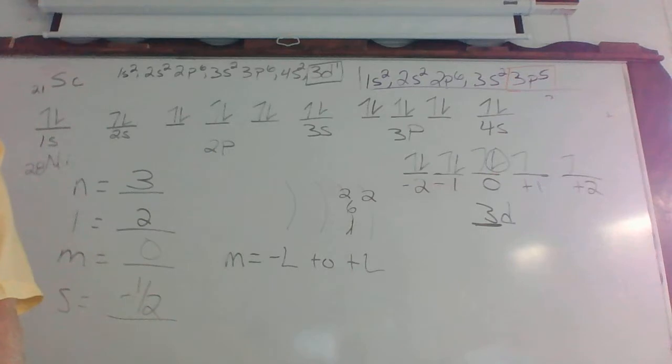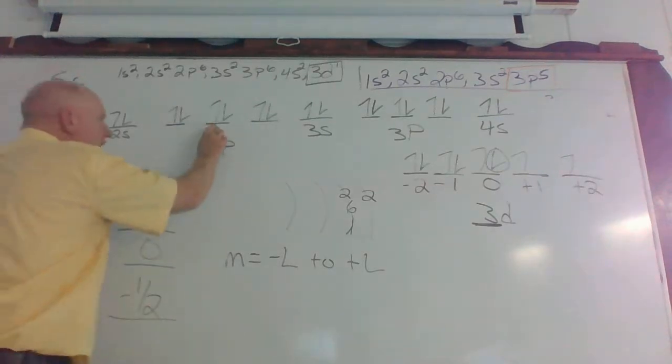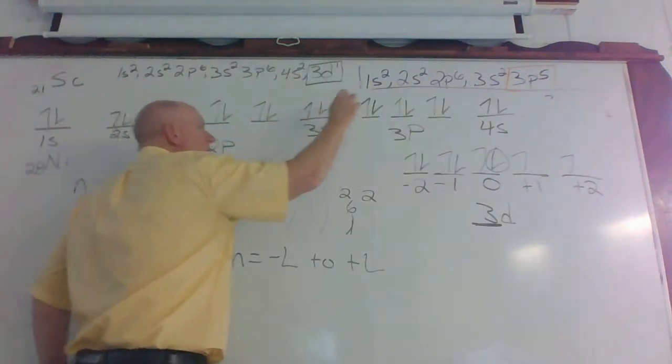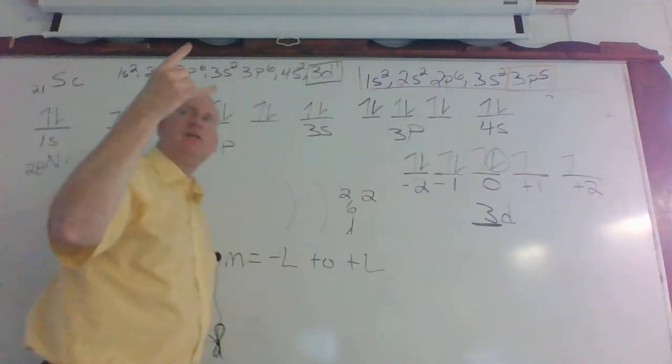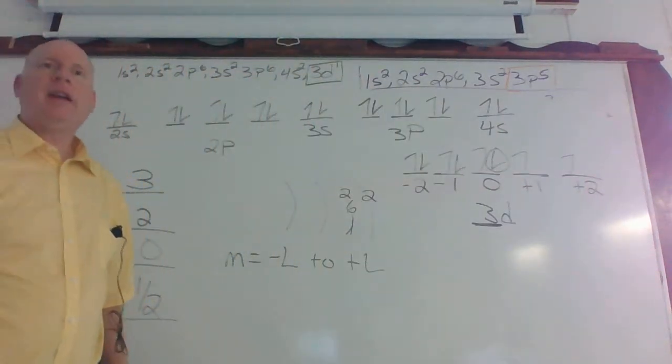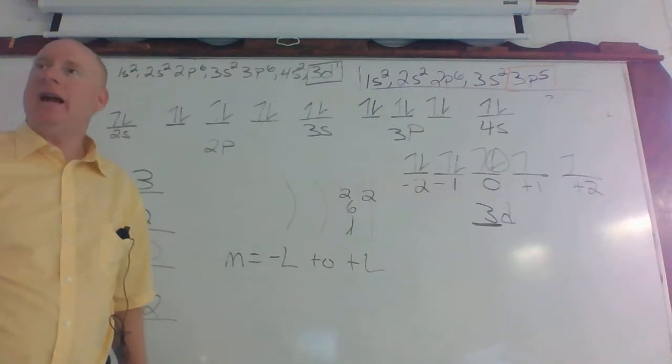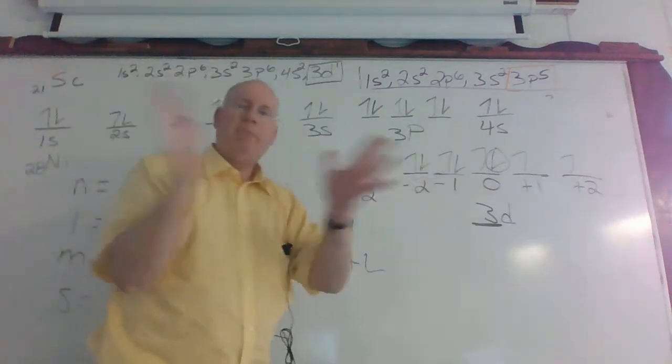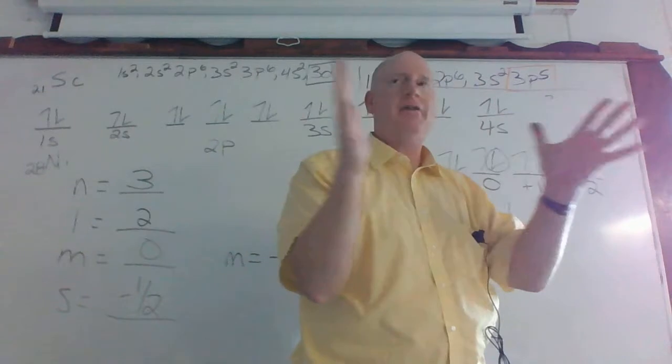The spin quantum number only has two possible values, positive 1/2 or negative 1/2, which indicate the two fundamental spin states of an electron. An orbital can hold a maximum of 2 electrons, which must have opposite spin states. That's why on each one of these horizontal lines, you're only putting a possibility of 2, because they have to have opposite spin. They have the same charge. They should repel one another because it's 2 electrons, right?